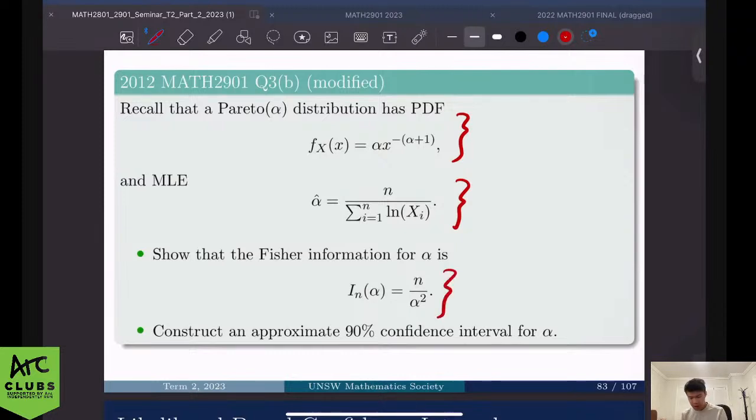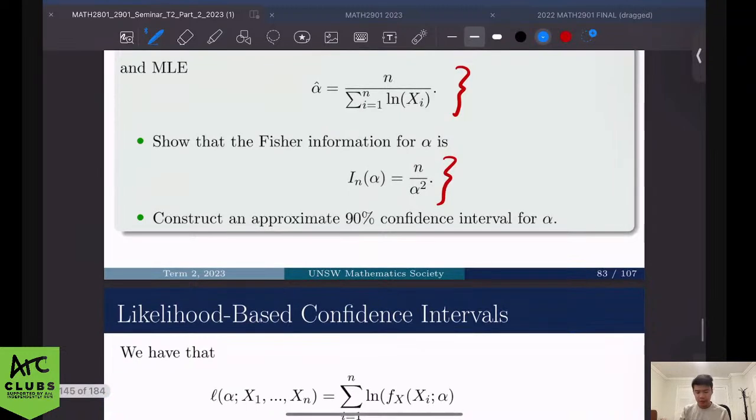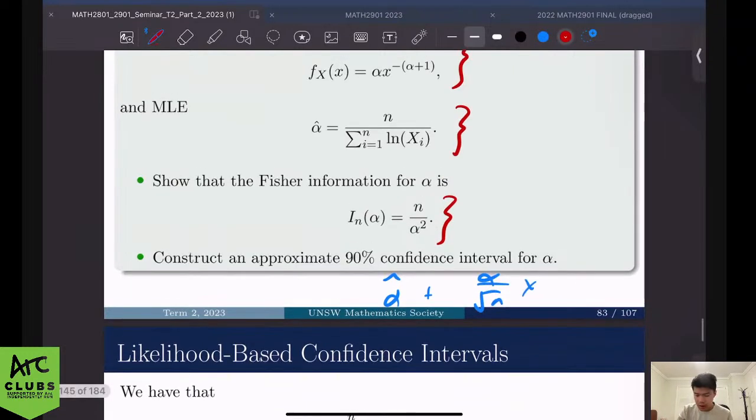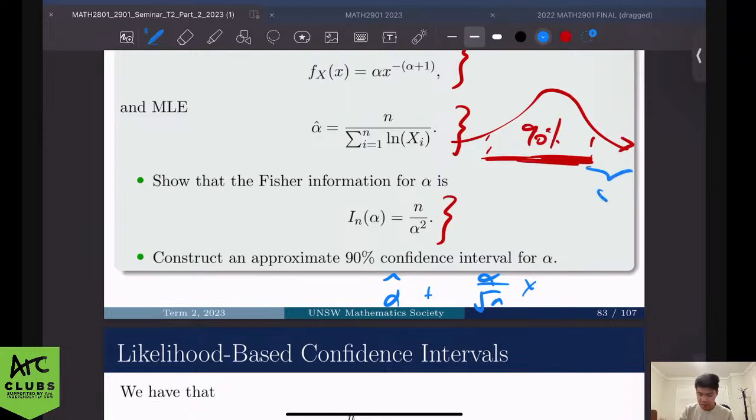So now the confidence interval for alpha is going to be that Wald confidence interval. You'll have alpha hat, the estimator, plus the square root of 1 divided by the Fisher information, so alpha on root n, times, in this case we've got 90% throughout, so we need the 5% points.